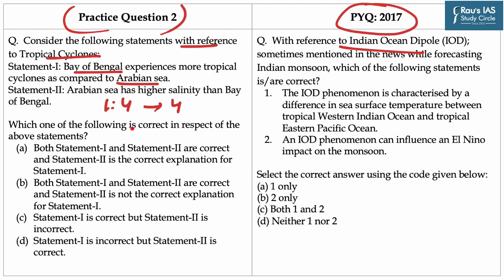Now, which of the following statements is correct in respect to the above statements? Now that we have established that statements 1 and 2 both are correct, and statement 2 correctly explains statement 1, hence option A is the correct answer. As far as the PYQ is concerned, option B was the right answer.